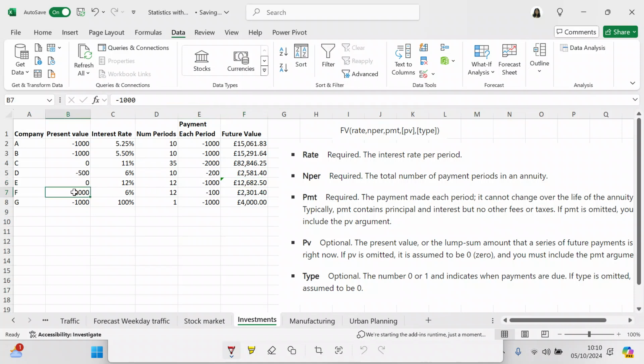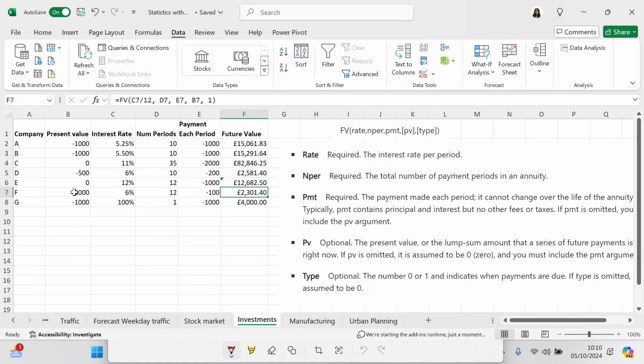The next investment you have is Company F. Starts out with £1,000, 6% interest, 12 payment periods, £100 each period, and at the end of the period, it's going to be £2,301.40. And basically, it's going to be 12 payment periods because you've got C7 over 12, so that's going to be 6%.